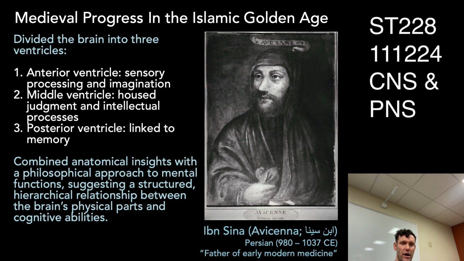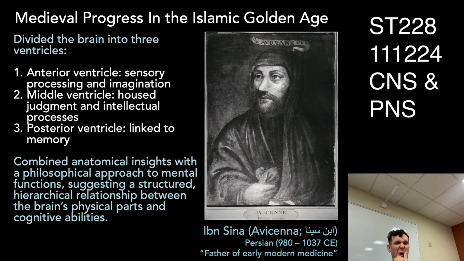But he identified 3 ventricles in the brain. The anterior ventricle, which he thought was responsible for sensory processing and imagination. So still taking this Galenic thought that the ventricles are where the action is, and not all this other stuff around it. That the brain is just there to hold these little pouches of fluid at the center, and those pouches of fluid are where the action is.